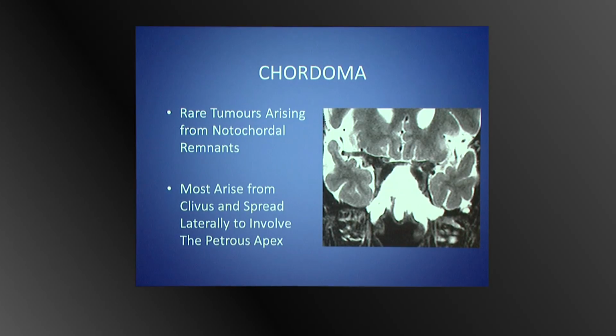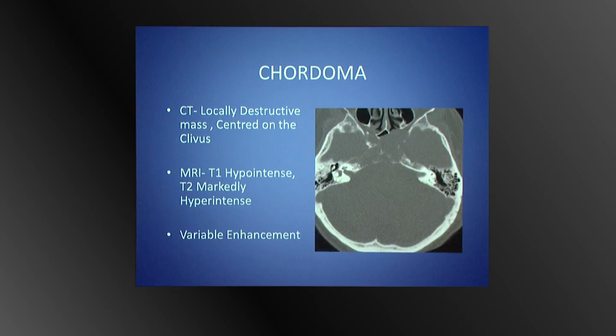They arise from primitive notochordal remnants, and in the skull base region, they usually arise centrally in the clivus, but may spread laterally to involve the Petrous apex. They often have this Mount Fuji type appearance in the coronal plane, where they spread laterally to involve the apex.